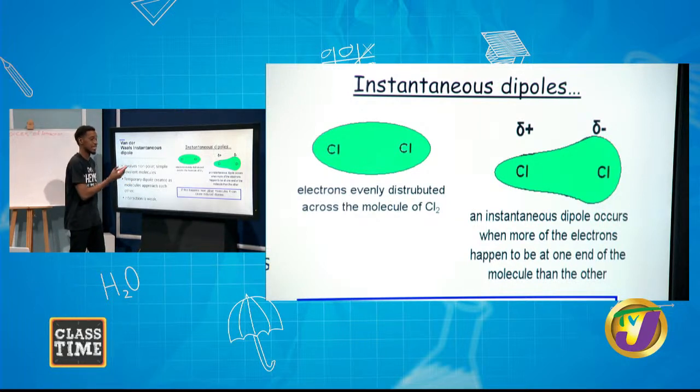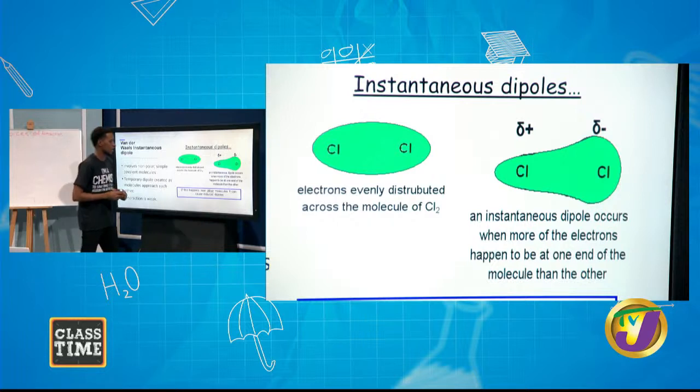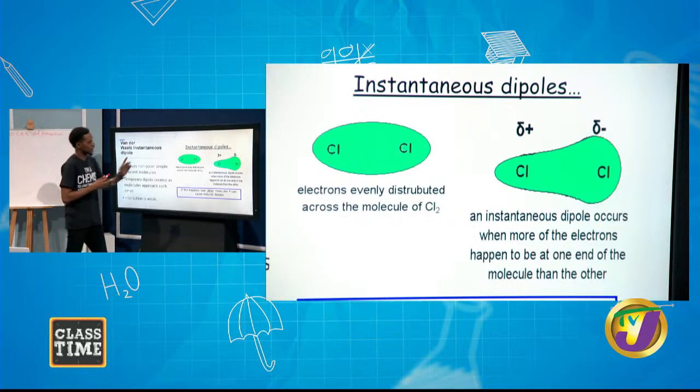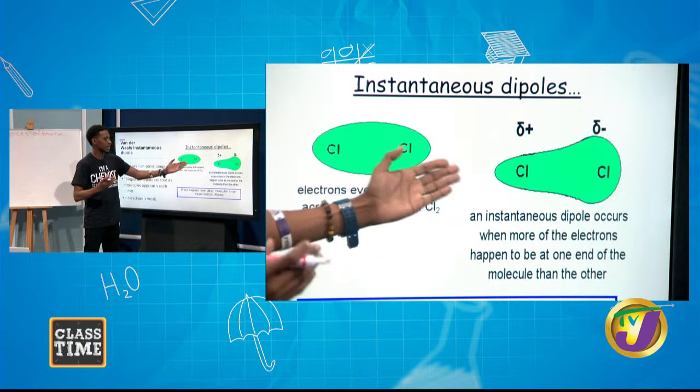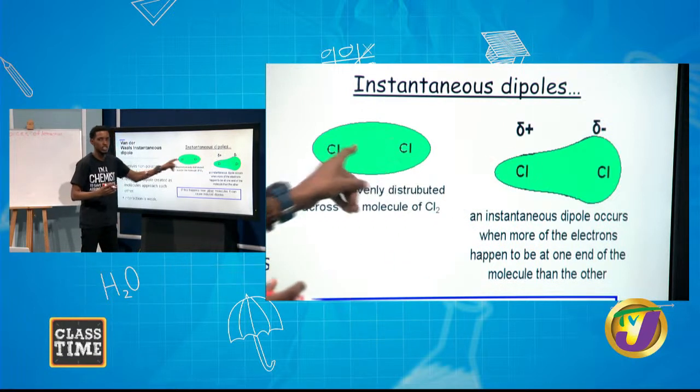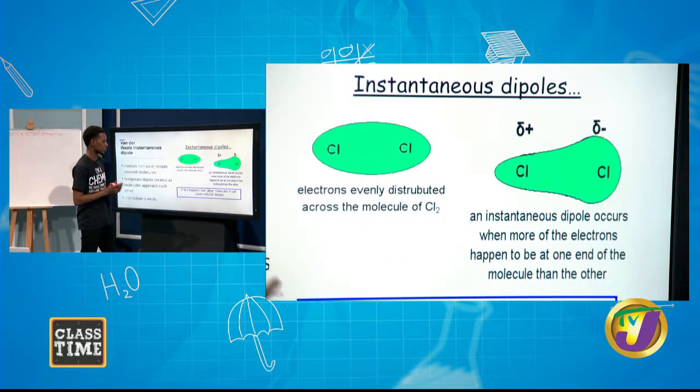They have the same electron density, so you have even distribution of electron density. But if that chlorine molecule were to come into close proximity to another chlorine molecule, this is what would happen. Here you have this chlorine molecule approaching the other chlorine molecule.